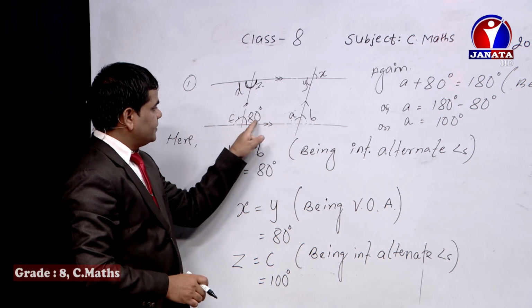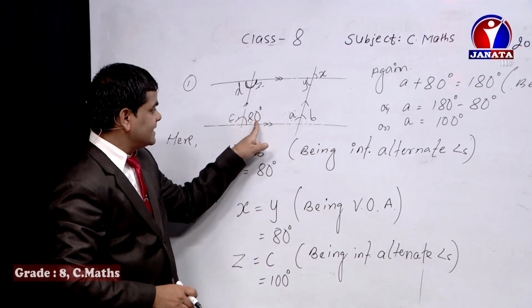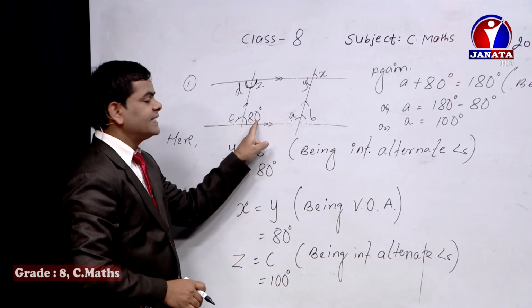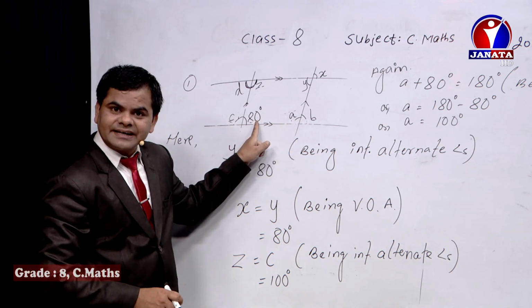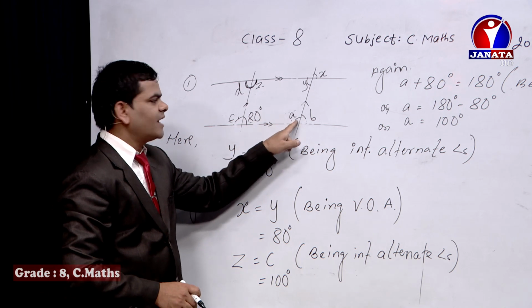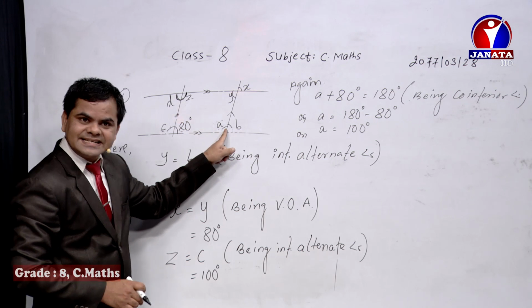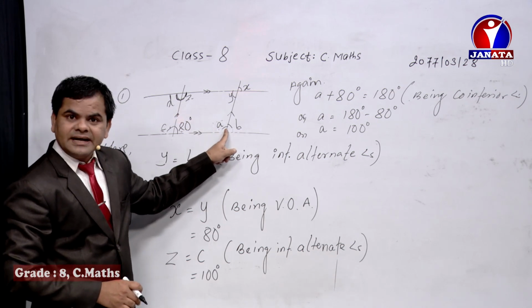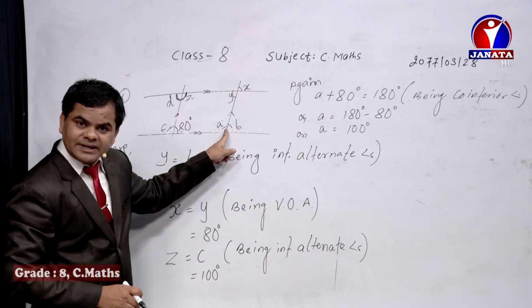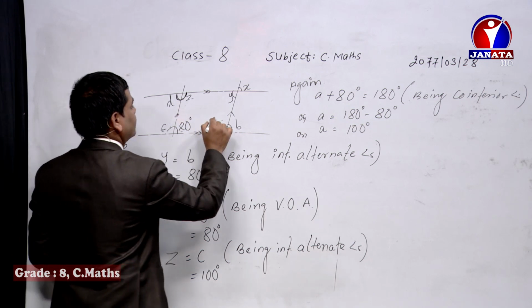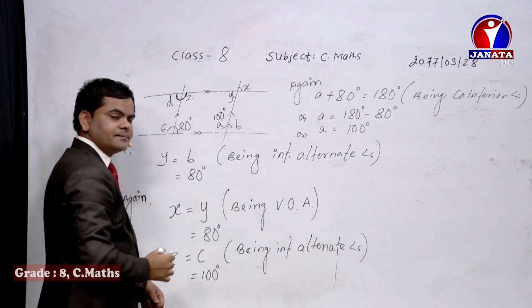If the given value is 80 degrees, now a and 80 degrees are co-interior angles. By doing so, you can find the value of a. A plus 80 degrees equals 180 degrees, because the sum of co-interior angles is 180 degrees. So a's value comes as 100 degrees, dear student.